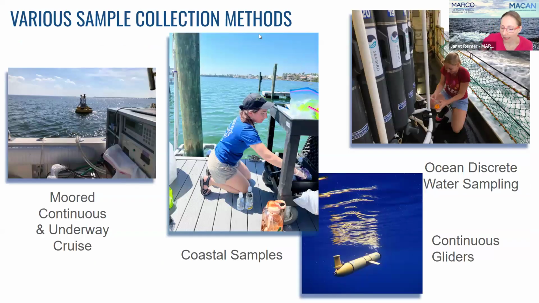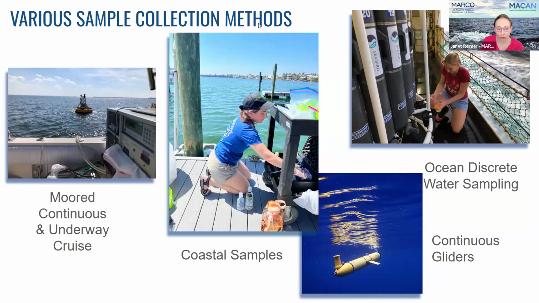So when we think about carbonate chemistry, we can collect information from the water in various different ways. And I'm going to show you why this is important in one of our portal layers as I get to it. So we can collect underway or moored continuous CO2 concentrations through different methodologies, all measuring what we call the partial pressure of carbon dioxide, which is the carbon dioxide that's dissolved in seawater samples.